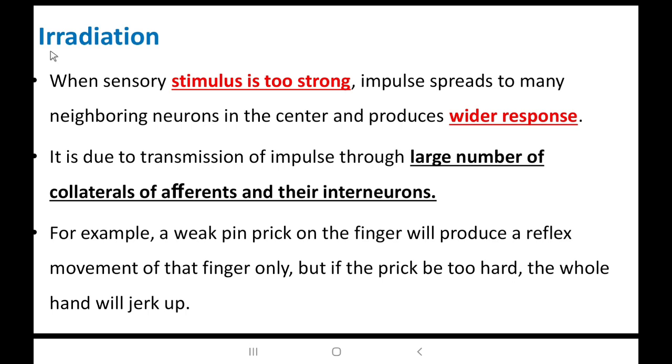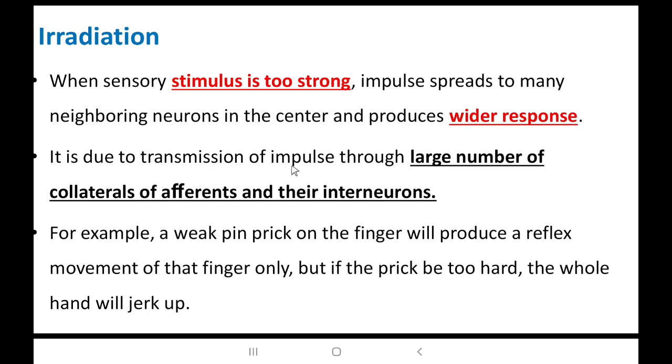Next property is irradiation. When a sensory stimulus is too strong, impulses spread to neighboring neurons in the center and produce a wider response. If the stimulus is too strong, the impulses spread to many neighboring neurons and produce a wider response. It is called irradiation.